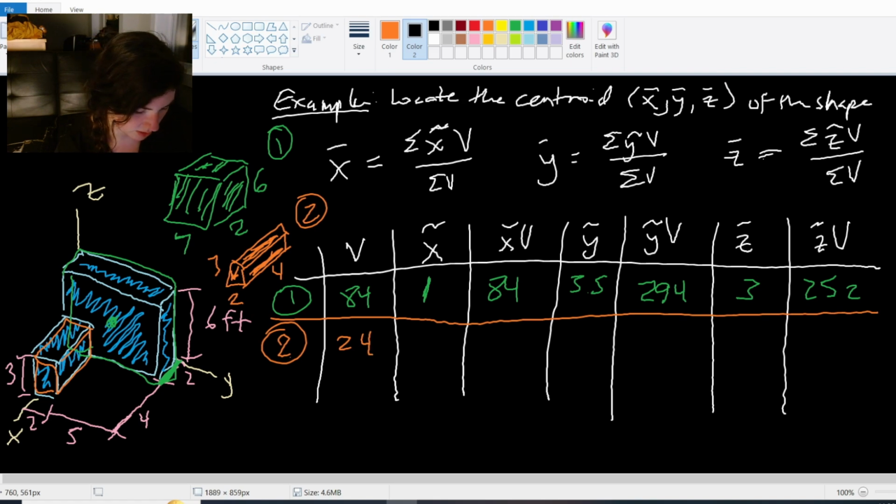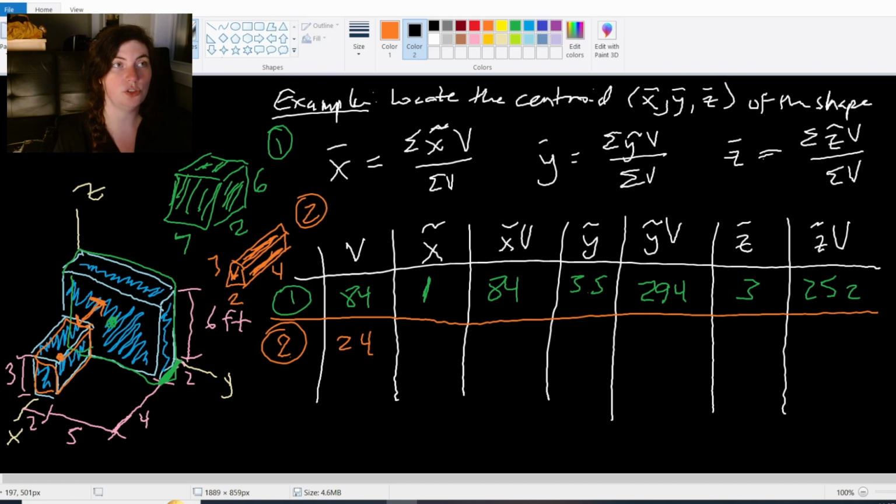Easy enough. Now here's the part where it gets a little more complicated, is that you have to remember that this block is offset from the ZY plane, right? So always just remember that when your shape isn't touching your origin, you've got to add any shapes that came before it. So this distance here between this block and this block is the 2.